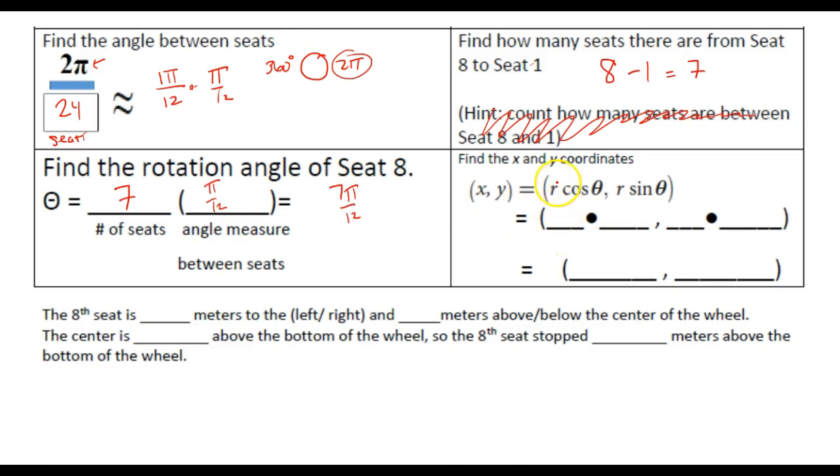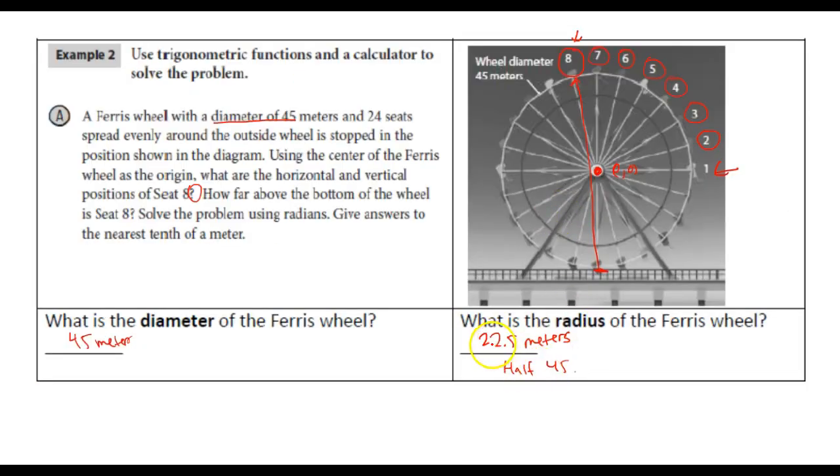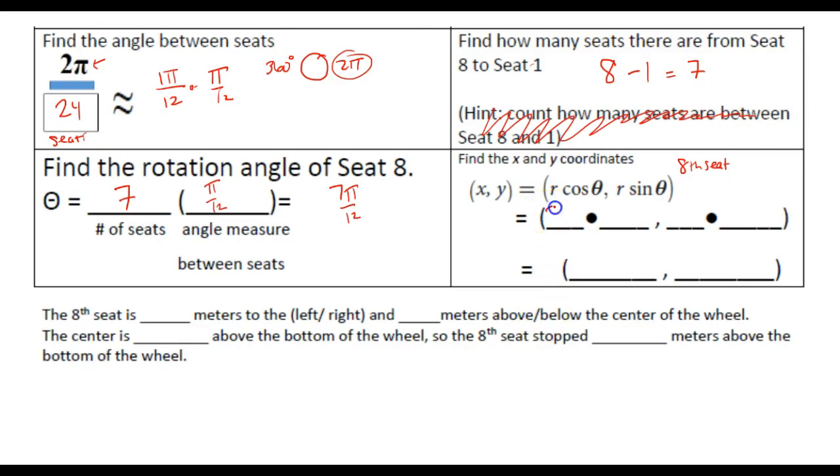Okay. So let's figure out what the x and y coordinates of the 8th seat are. So at least we could answer our first question, and then we can try to answer our second question. So the radius was about, oh, I kind of forgot. What is the radius? The radius was about 22.5.